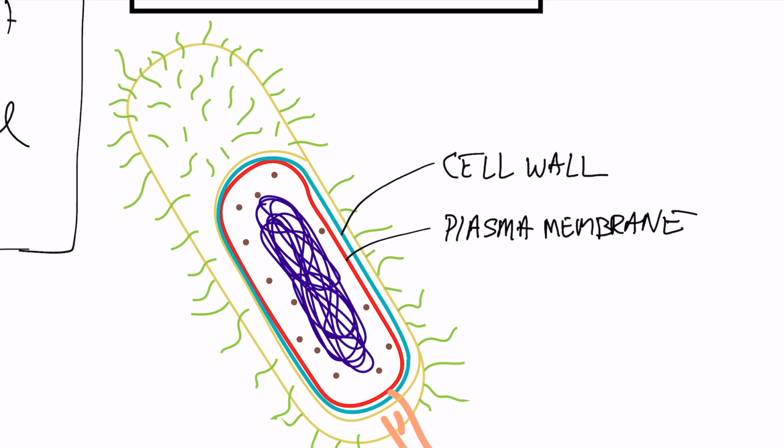And in gold, we have the capsule. And the capsule is a jelly-like substance that coats many prokaryotes. And there are these finger-like projections from the capsule called fimbriae.